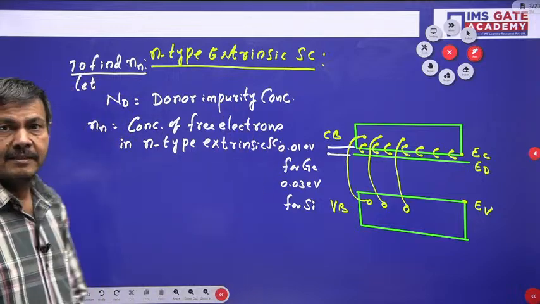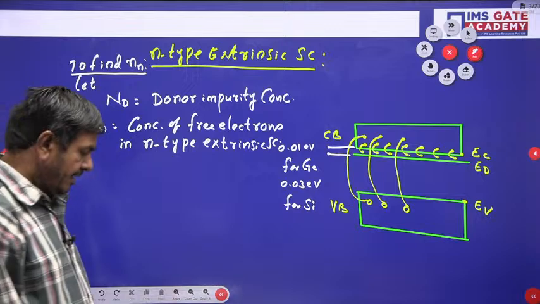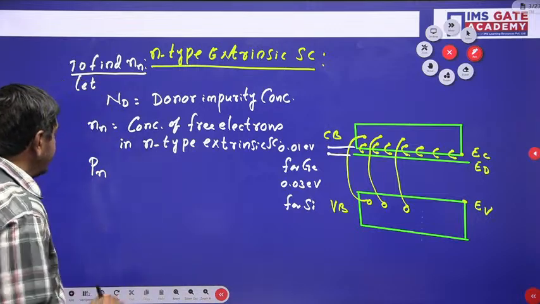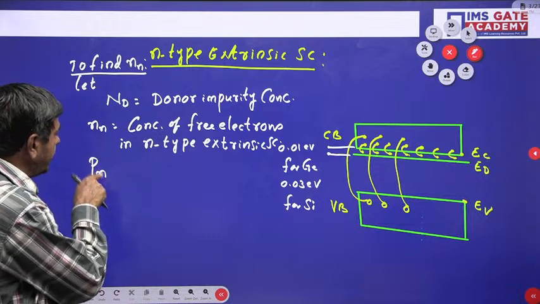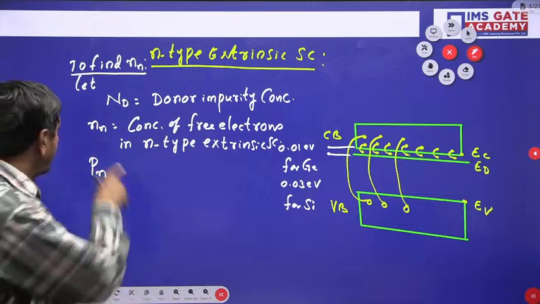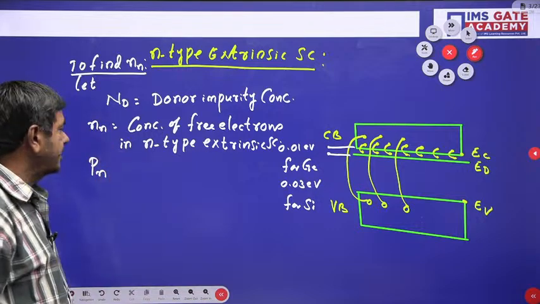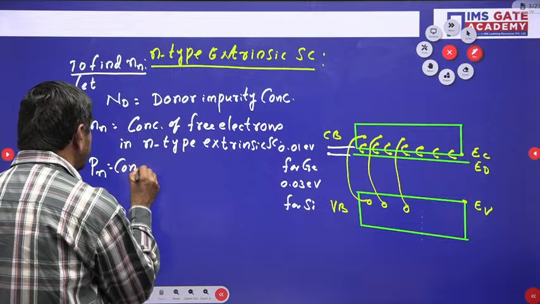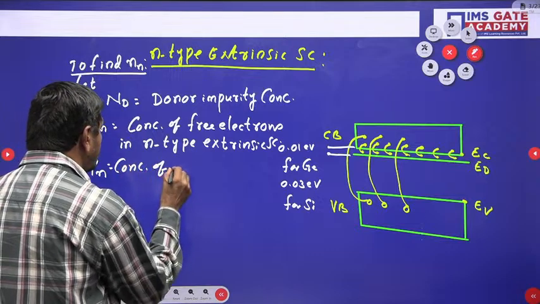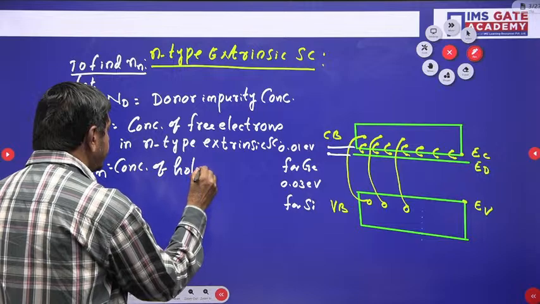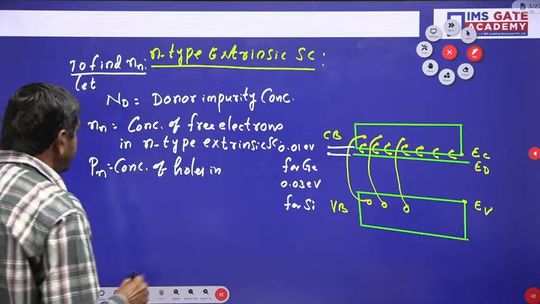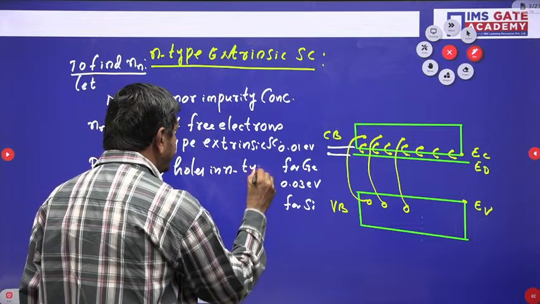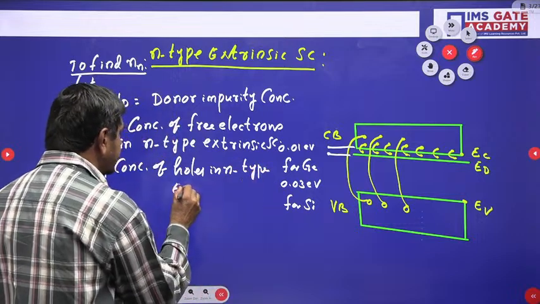Nn is nothing but the concentration of electrons. And Pn is nothing but the concentration of the holes in the n-type extrinsic semiconductor.